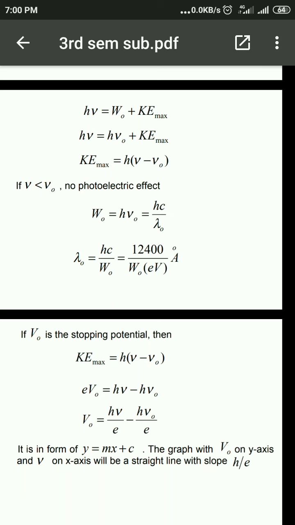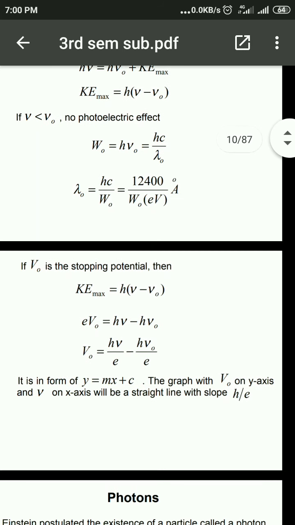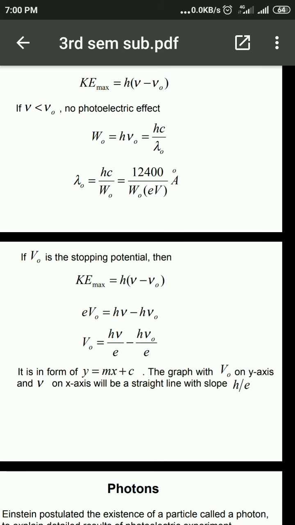That frequency here is nu 0, and the energy should be equal to W0, which is equal to h nu 0. And from this h nu 0 we can find lambda 0 as hc by W0.